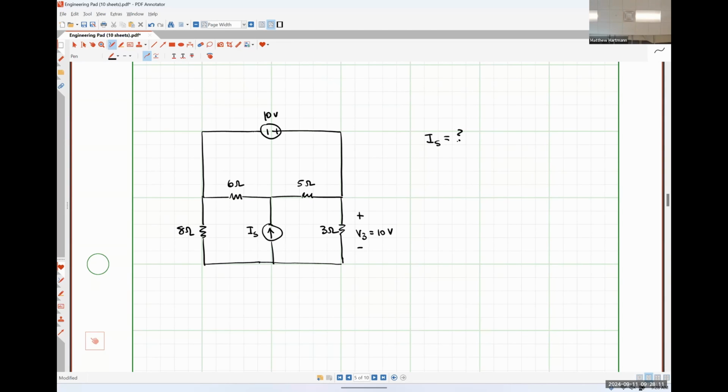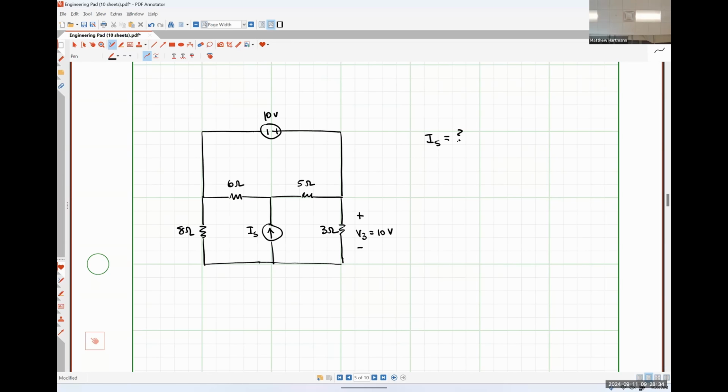Okay? So let's think about things as a logical process here. My ultimate goal is to figure out what the current IS is. When I'm trying to find a current, I tend to think about Kirchhoff's current law because it's used to find currents.